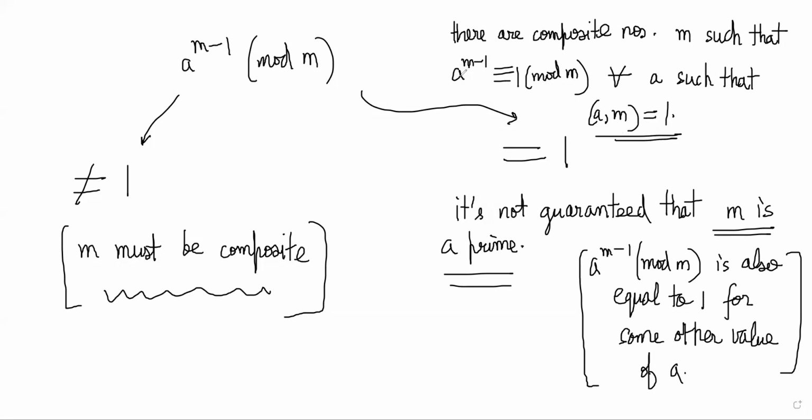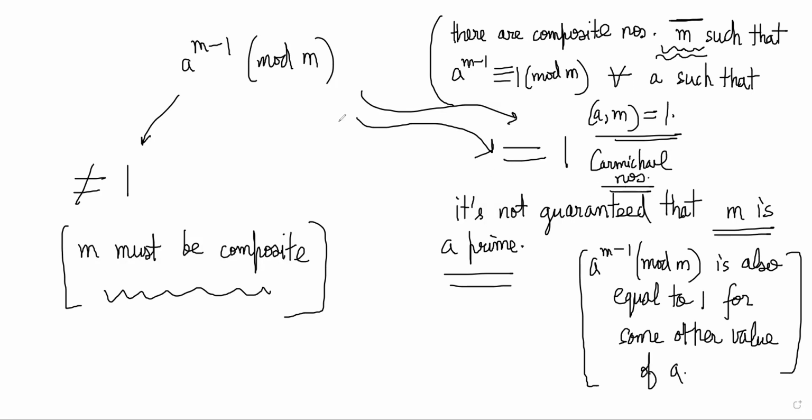So basically for all a's co-prime with m, there are composite numbers m such that a to the power m minus 1 is congruent to 1 mod m. So it satisfies this condition, and it actually turns out to be a composite number. Such numbers are known as Carmichael numbers.